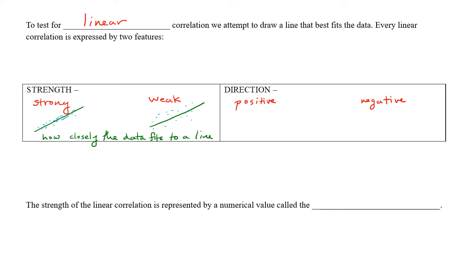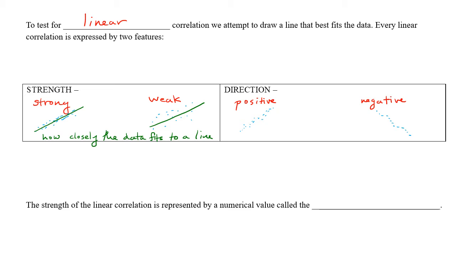So the same idea as before, if they appear to be moving in a straight line but in the upward direction, that would be positive, versus if they appear to be moving in a straight line but in the negative direction, that would be a negative correlation. And again, the idea here is if it appears to fit a straight line, then maybe that would be a linear correlation.